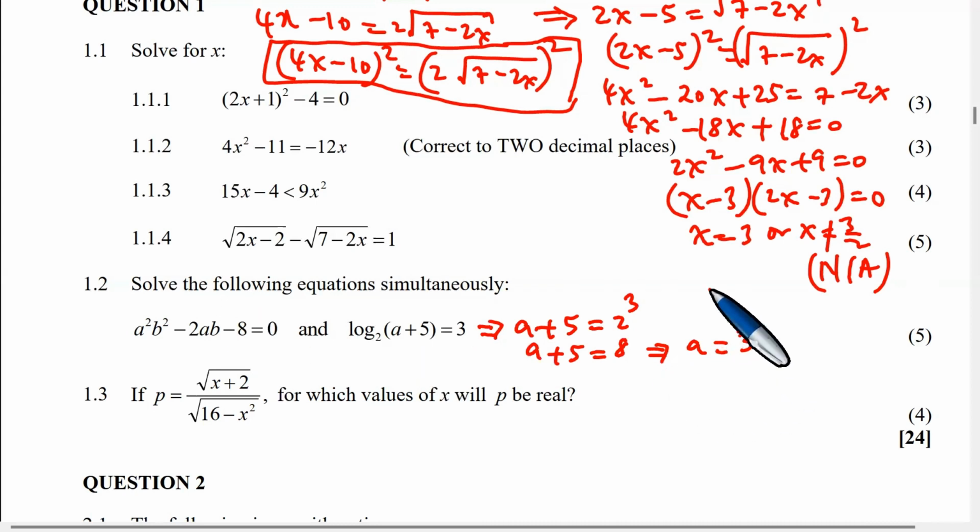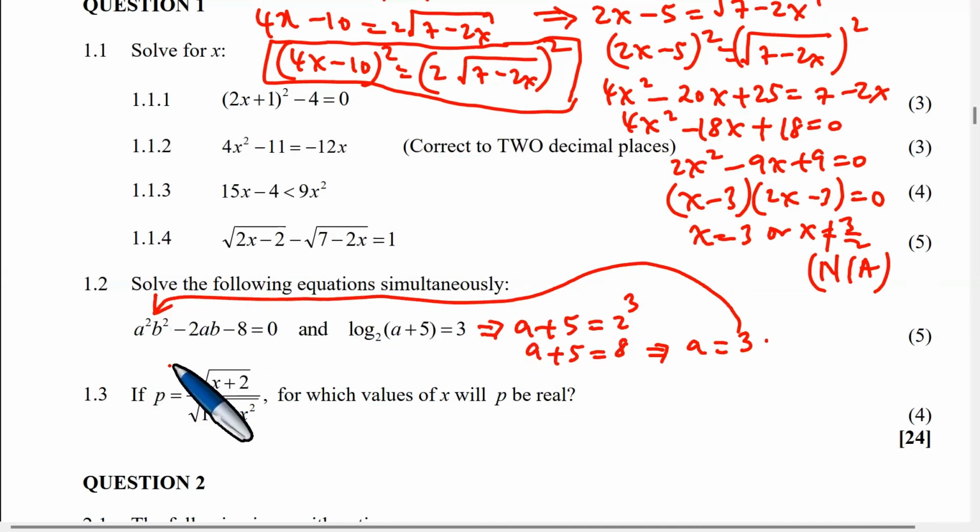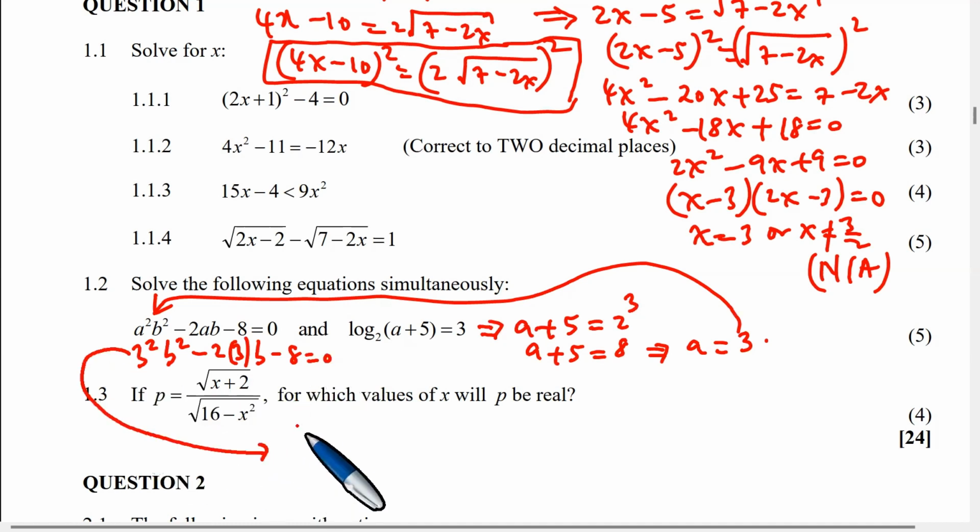So you take the 3 and substitute in the place of a, which means you have 3 squared b squared minus 2a is 3 times b minus 8 equals 0. Which means this one is exactly 9. B squared minus 6b minus 8 equals 0.